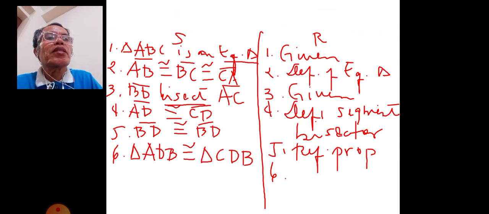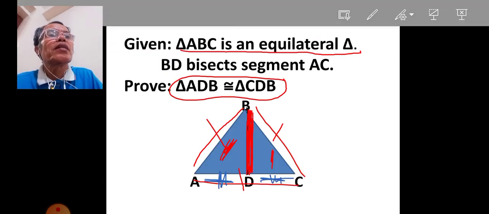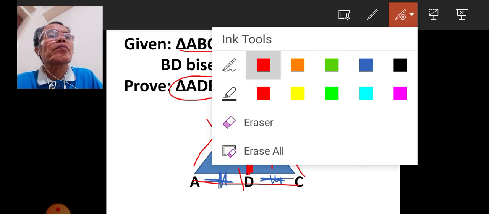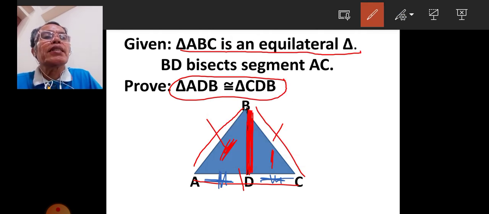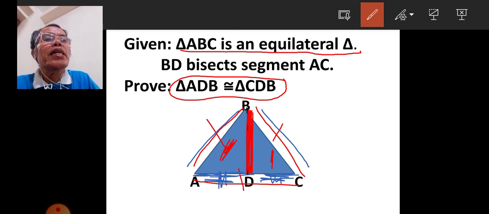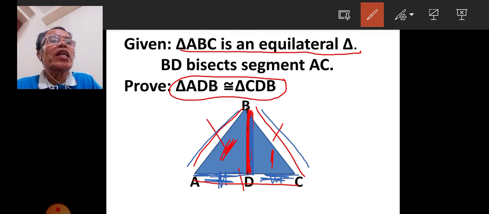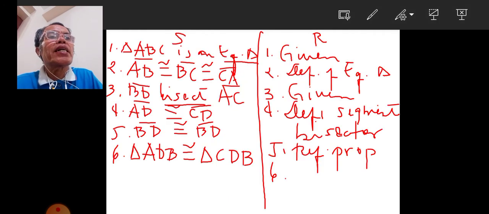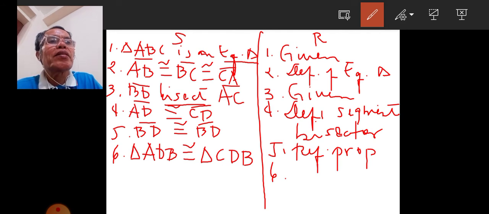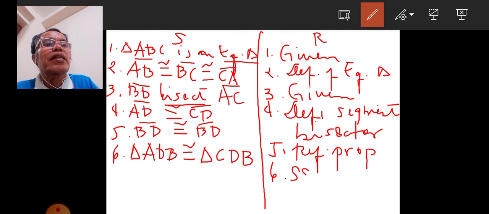So our reason is this side is congruent to this side, this side is congruent to this side, and this side is congruent to itself. So side, side, side. So we have the side, side, side postulate.